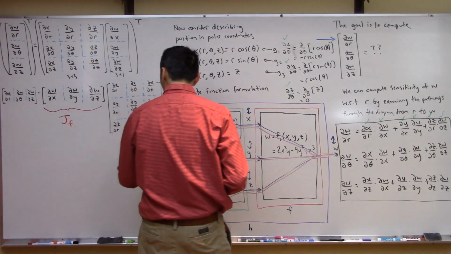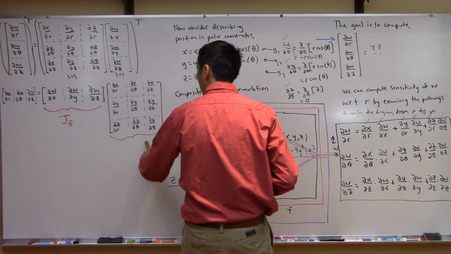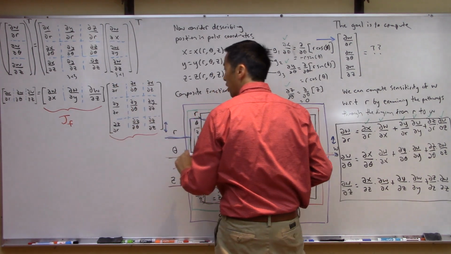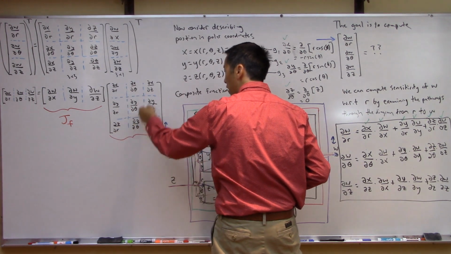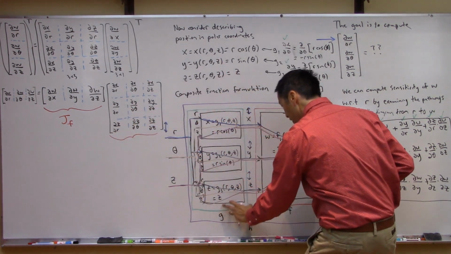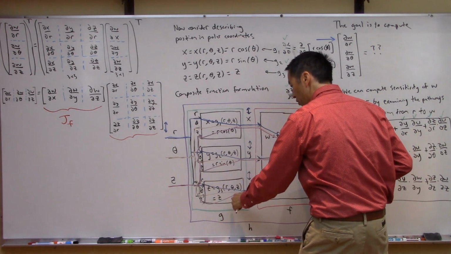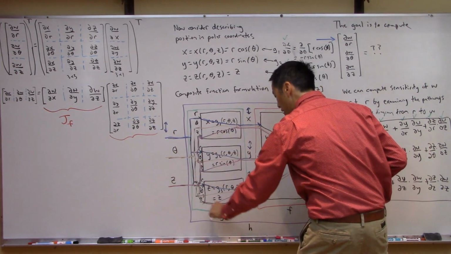And then this guy right here is nothing more than calculating how x, y, and z vary if you change r, theta, and z, right? That's this entire green box here. So this matrix is the Jacobian matrix of the green box.